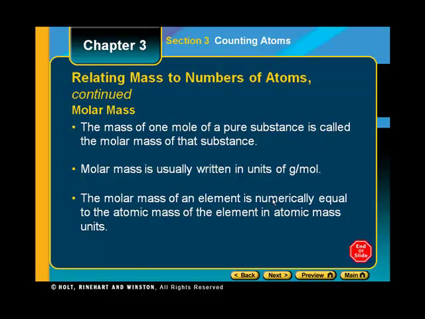That 12.01 on the periodic table means that one atom of carbon-12 has a mass of 12.01 atomic mass units. Well, in terms of the mole, we can just say that 1 mole of carbon-12 has a mass of 12.01 grams. So they're numerically equivalent, except the unit has changed. Okay? And that makes it really easy for us to determine the molar mass of an element. We just look at the periodic table and look at that average atomic mass number.